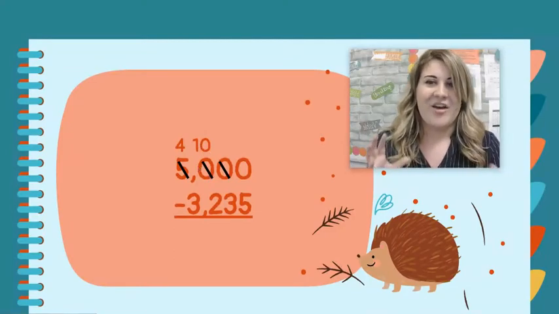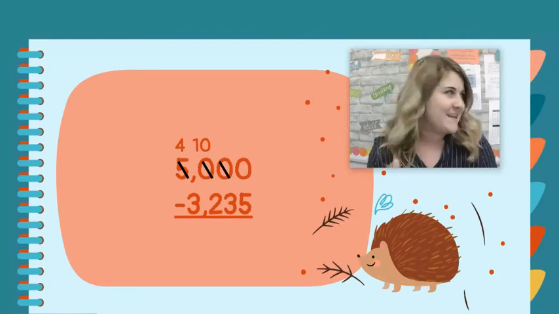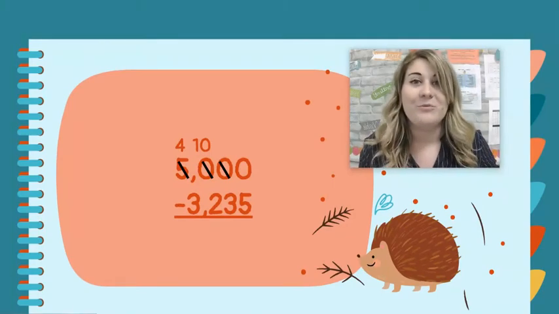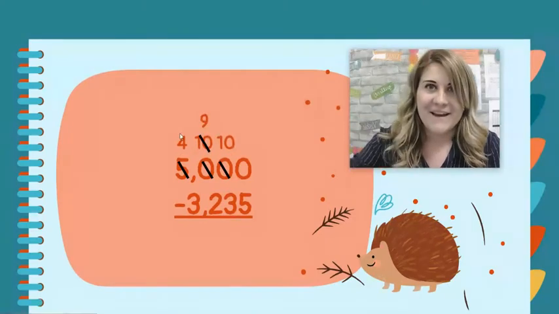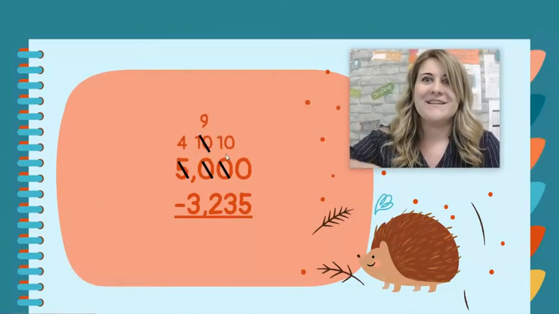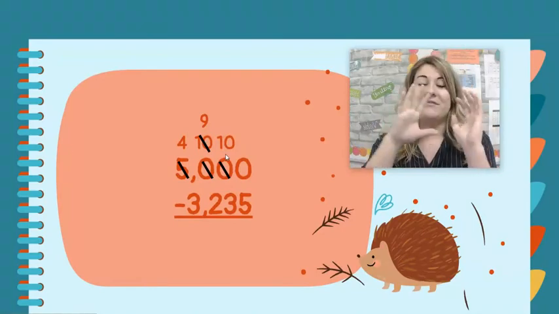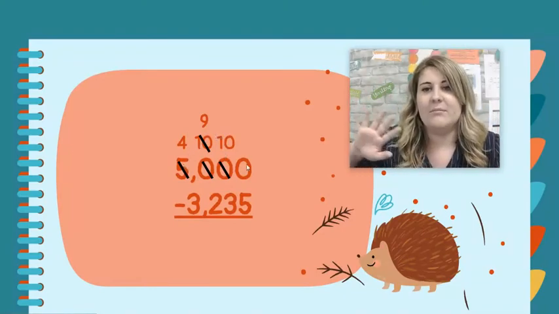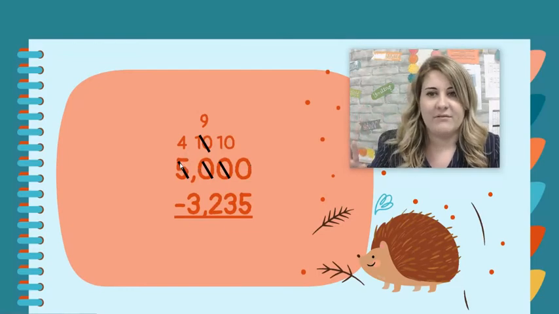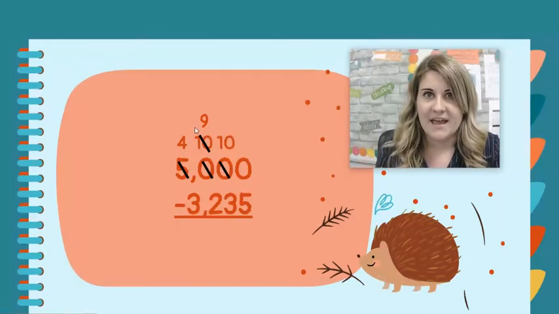Now, the hundreds place looks over to the tens place and says, I'm going to share 1 with you. So we're going to mark out the 10, make it a 9, and give 1 to the tens place. So stick with me here, okay? Just to recap what we did. We couldn't borrow any from the 0, so we went down to the 5. We took 1 from the 5, made it a 4, gave that 1 to the 0 in the hundreds place, made it a 10.